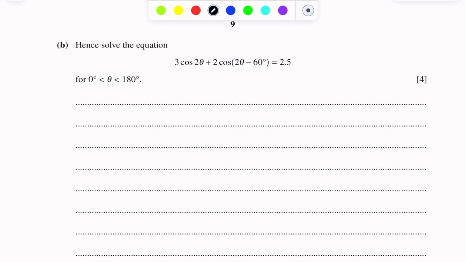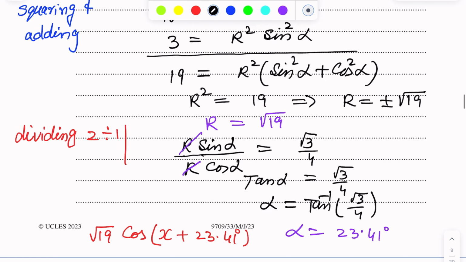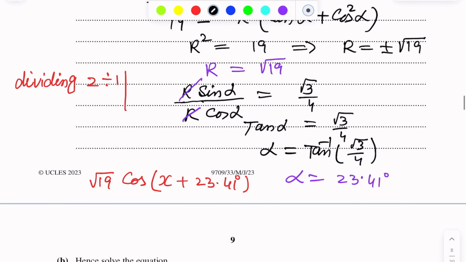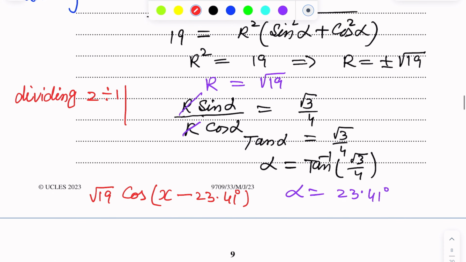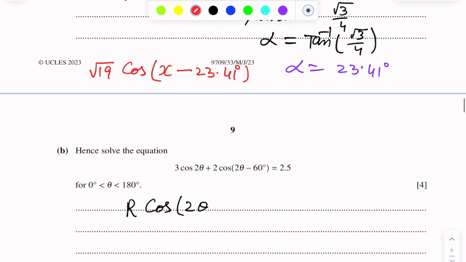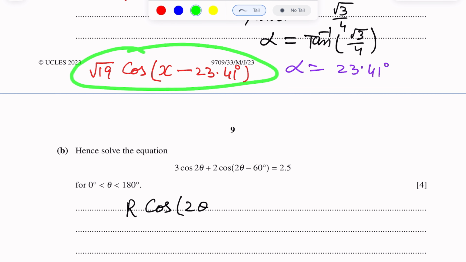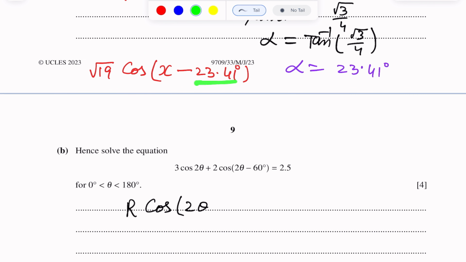The relation is root 19 cos(x minus alpha), that is 23.41 degrees.